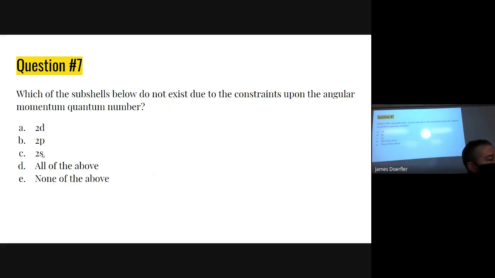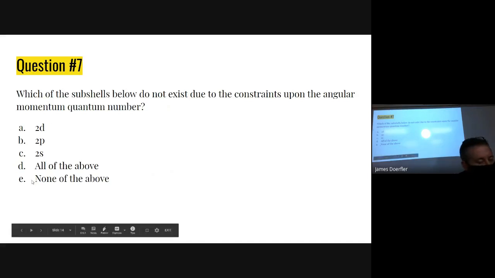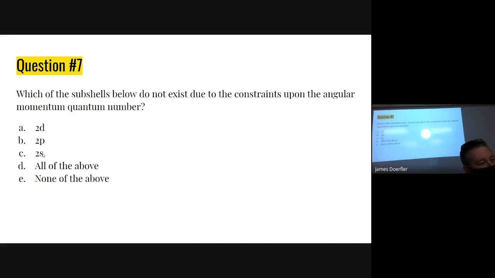You have to think about the allowable values for your quantum numbers. These subshell letters are in the angular momentum quantum number, L. L can only have values equal to 0 all the way to n minus 1. So S is 0, which is within the range.